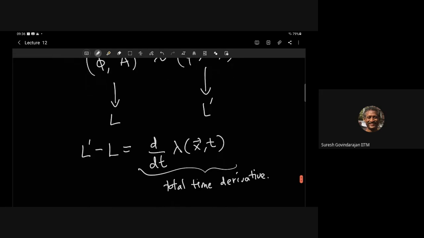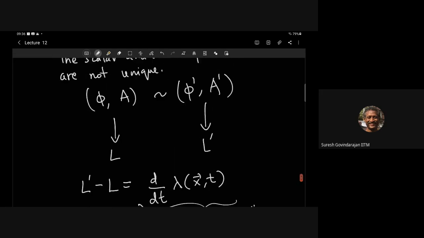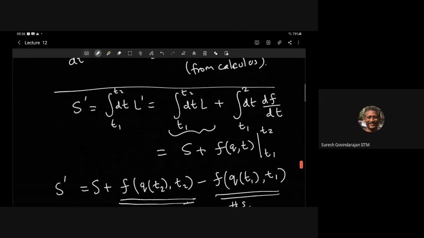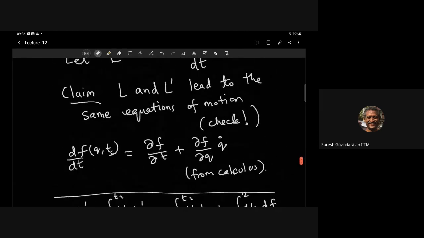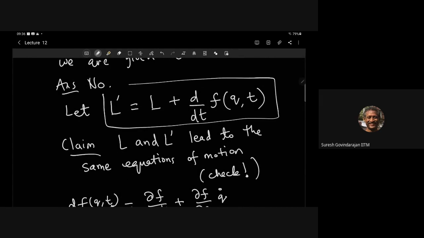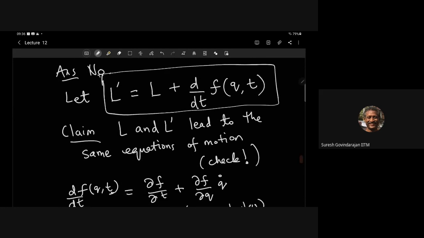So it fits into this general setup: two Lagrangians differing by this thing. One important point is that it is not a function of q dot, it's just a function of q and t. If it were a function of q dot, then this won't work.